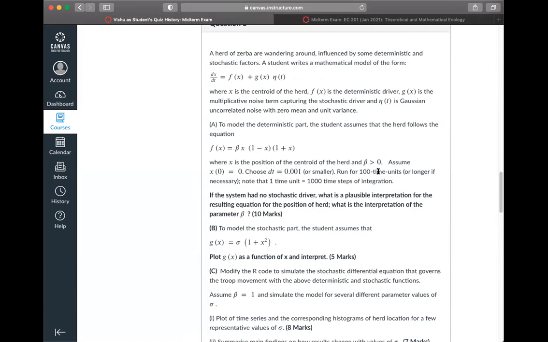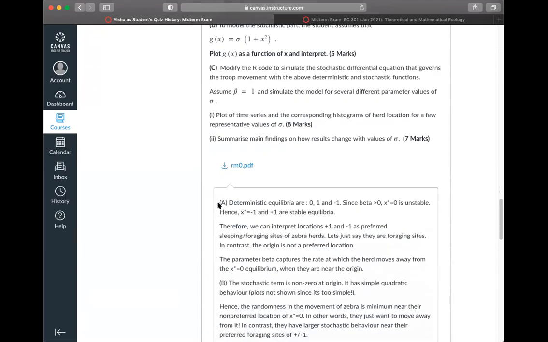What you will find is that 0 is the unstable equilibrium, and -1 and +1 are stable equilibria. This is like saying the position of the herd has preferred locations of +1 and -1. Maybe they are good foraging grounds for zebra. Let's look at what I have written.